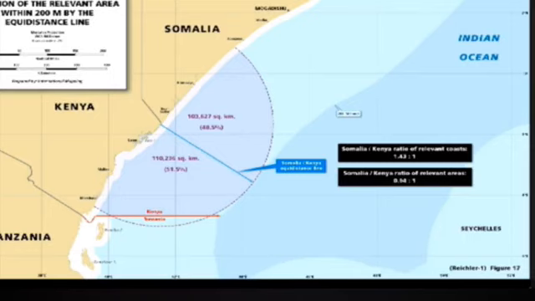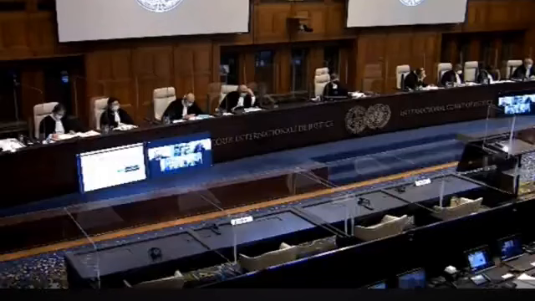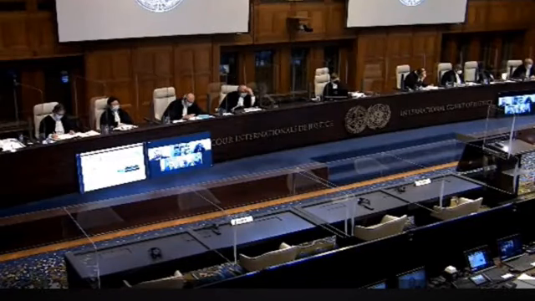The slide also shows you a comparison between the ratio of the parties' coastal lengths and the ratio of relevant areas distributed to the parties by the provisional equidistance line. The ratios are 1.43 to 1 in favor of Somalia for the relevant coast, as we have already seen, and 0.94 to 1 in favor of Kenya for the division of the relevant area.